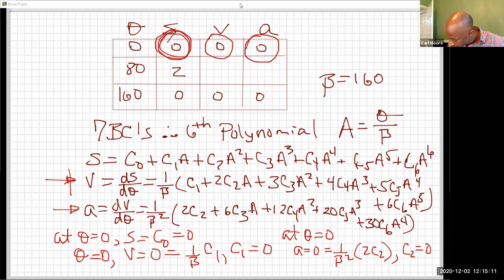The next thing we do is we turn our attention to the S equals 2. That's at theta equals 80. And so let's go ahead and set that up. So again, looking at an S equation, and actually I would love to have some of these equations on the next slide. So let me copy these, actually, we should probably copy this entire slide. We need all this stuff on my next page, pretty much.